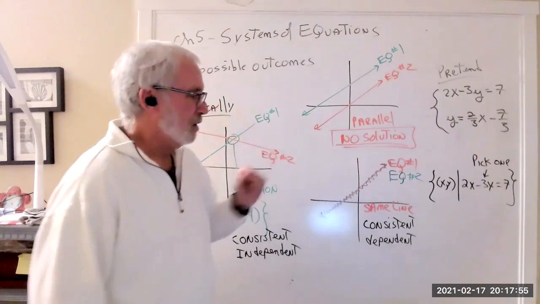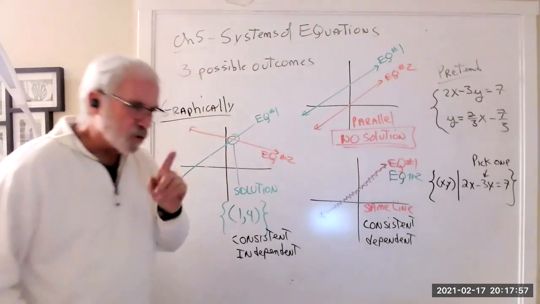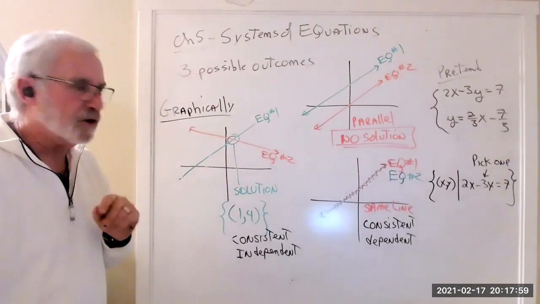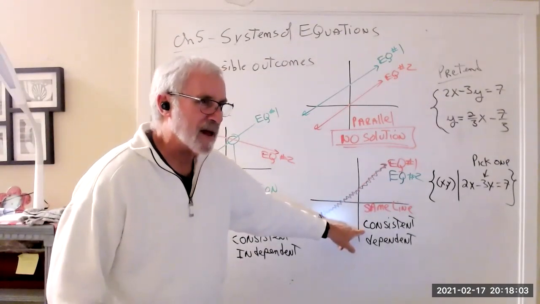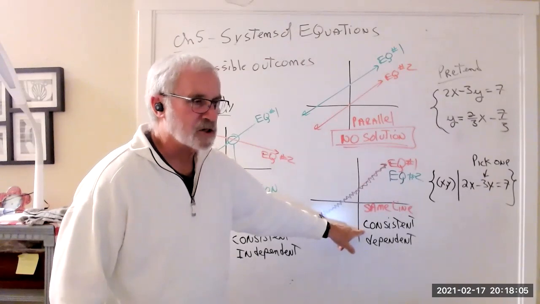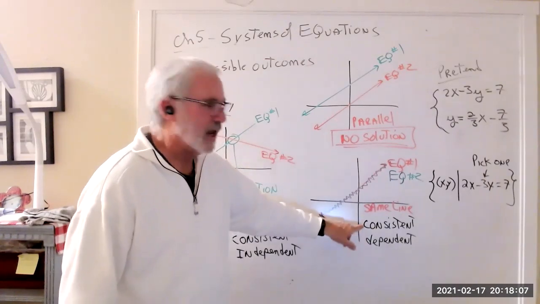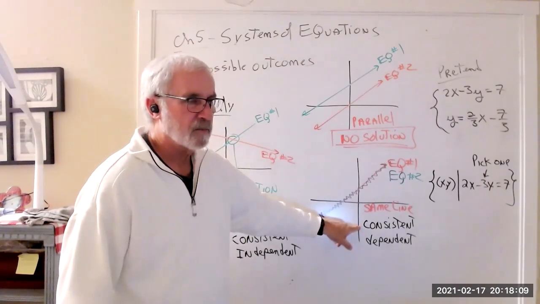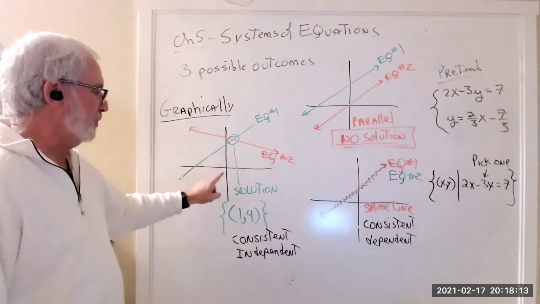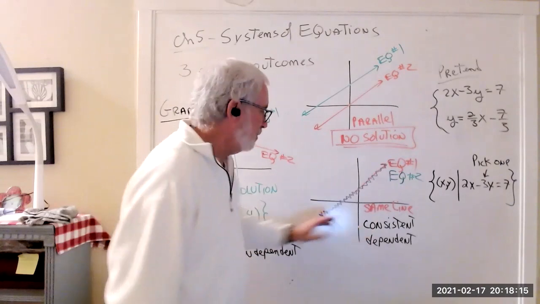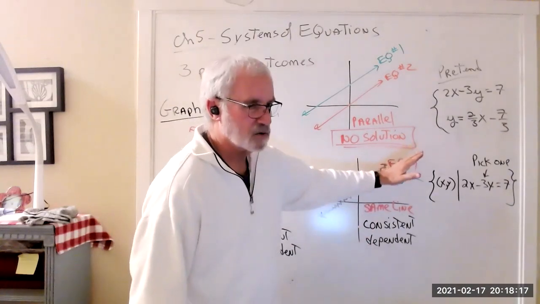Okay? Now, the word consistent means there's an answer. In mathematics, we say, oh, it's consistent. That means there's an answer. Independent means there's one answer. Dependent means there's an infinite number of answers.